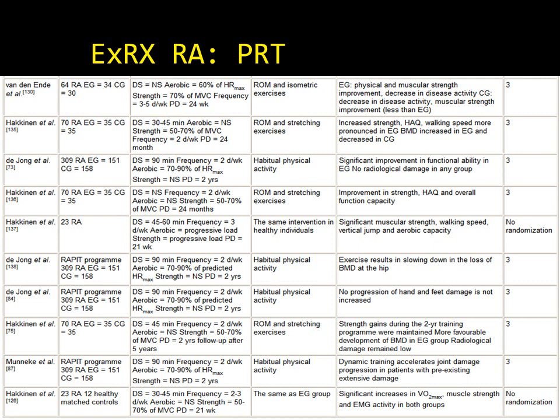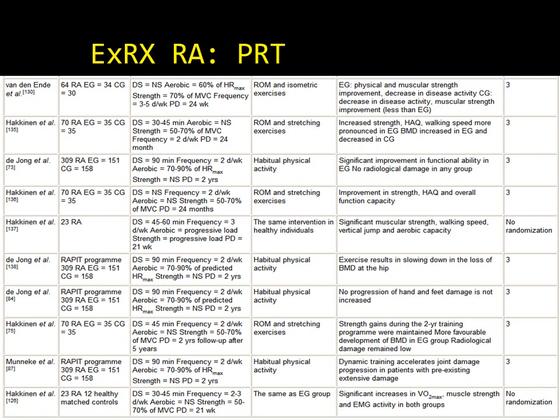Now, if we look at resistance training, a combination of intensive aerobic and strength training has been the most widely used exercise regime in recent research in rheumatoid arthritis and produces an effective physical stimulus to achieve desirable physiological adaptations. An RCT by Vanden N. and others has highlighted that combining intense aerobic and resistance training can lead to significant enhancement in both cardiorespiratory capacity and muscular strength.